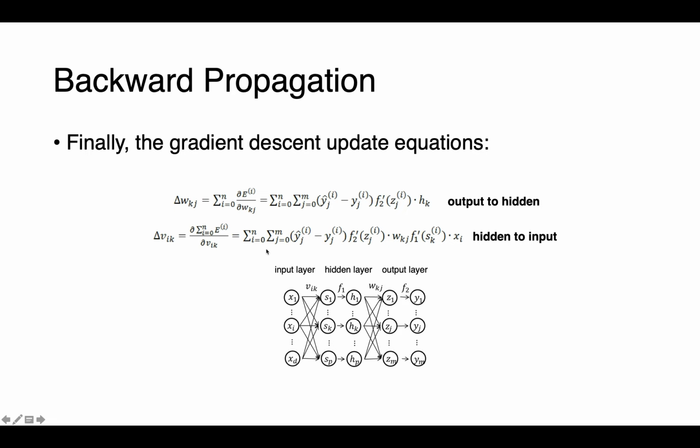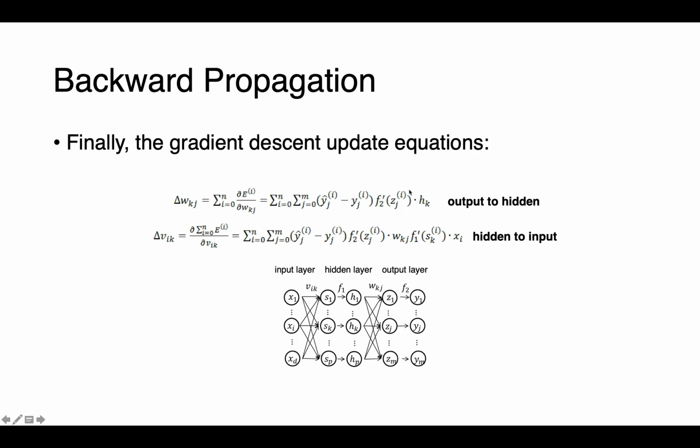So we derive the gradient descent update equation. This is the change we need to make for the next iteration for the W weights, and this is the change of V weights for the next iteration. And you can see it will be the sum of these. Here you can see the error appears. And what else do we have here?